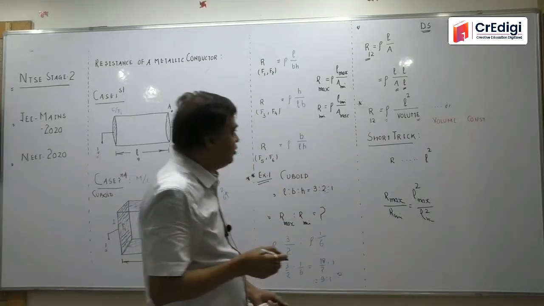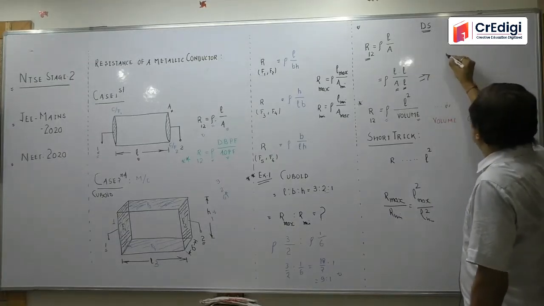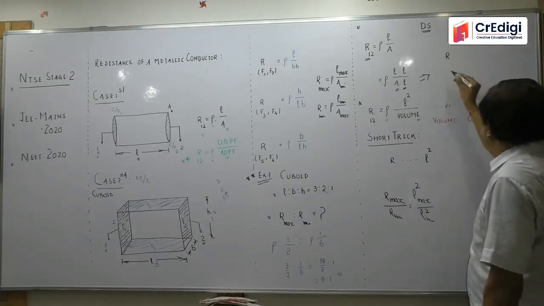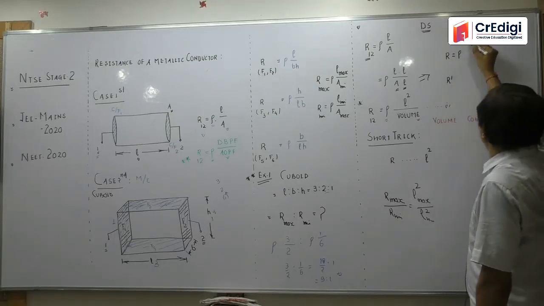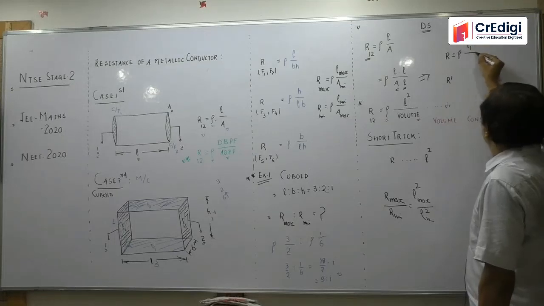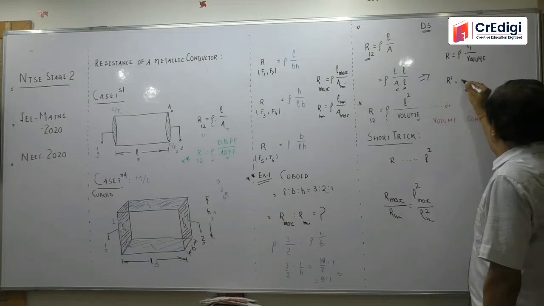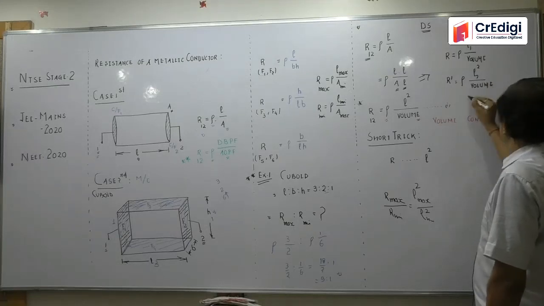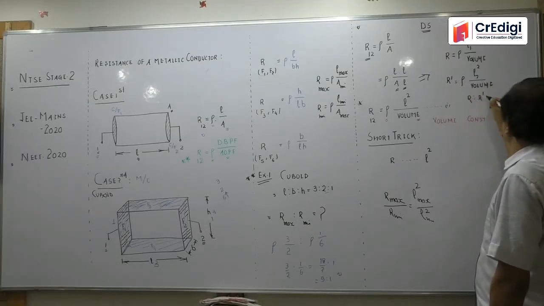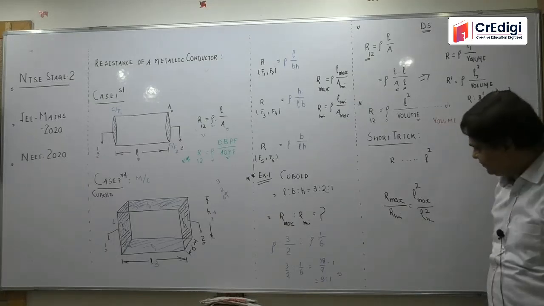If I want to write the formula, volume is same, so I can say over here that in first case it will be let R, in second case it will be let R dash, so it will be equals to rho multiplied by L1 का square divided by volume. Next case R dash, it is rho L2 का square, volume is not changing, so it will be volume. And what you can say that R is to R dash should be equals to L1 square is to L2 square.